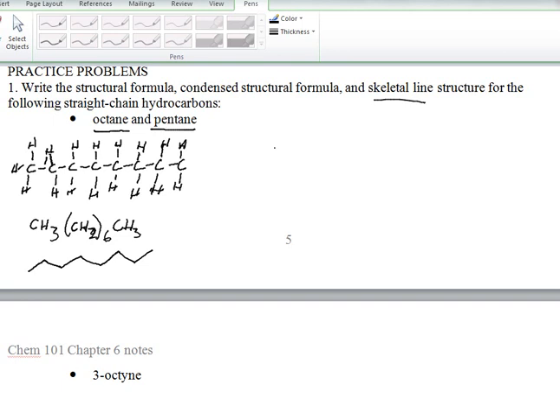Pentane, 5 carbons. Expanded structural formula.